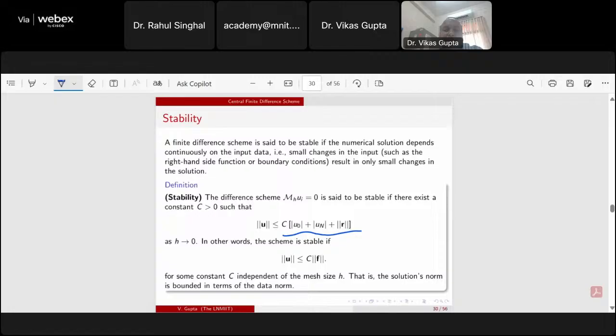So this is the norm of the right hand side vector as h approaches 0. In other words, the scheme is stable if norm u is less than or equal to C norm f.